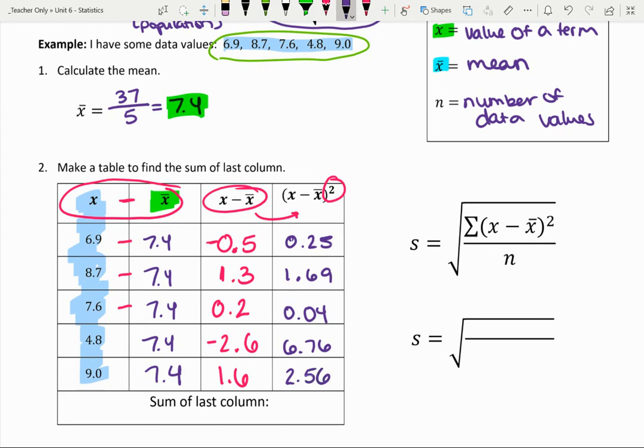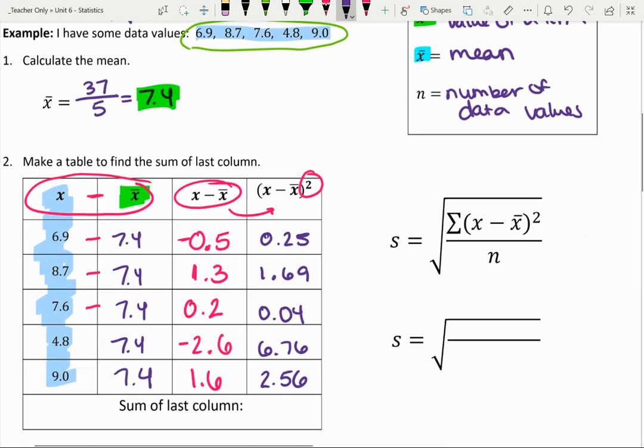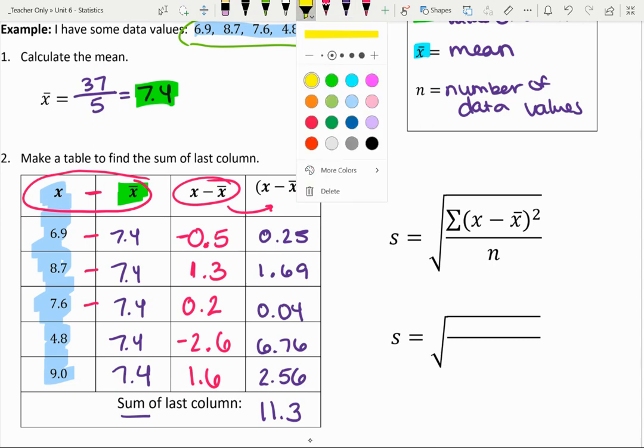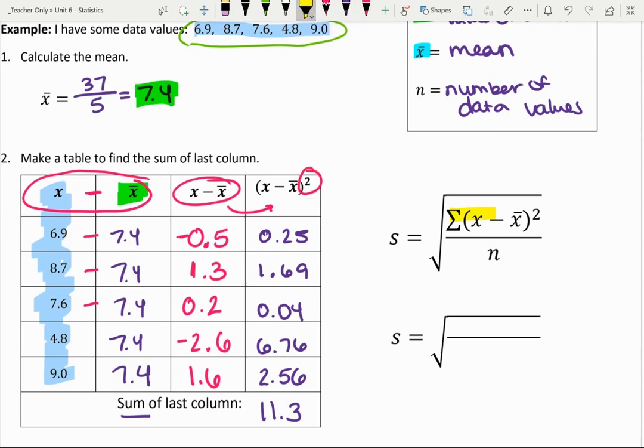2.56. And so if we look at this formula, the sum of all of those squares really is just taking all of these numbers and adding them up. So again, if you were to take a moment to pause and add those up, you would actually get 11.3. And so that 11.3 represents this entire statement in the numerator under the radical there.